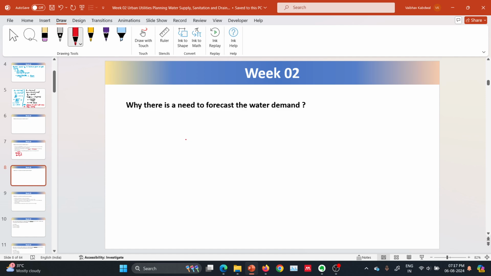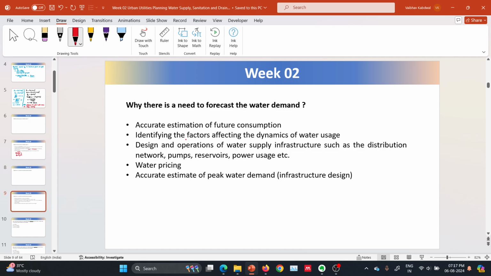Why is there a need to forecast the water demand? So why do we need to forecast the water demand? The need is because of future consumption.